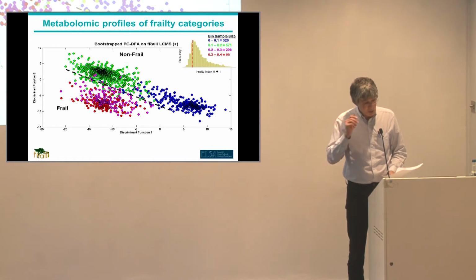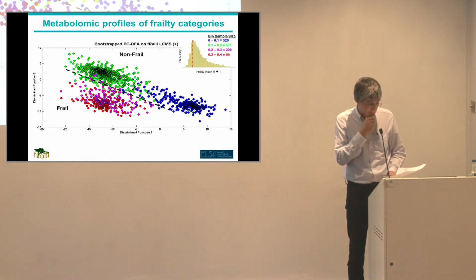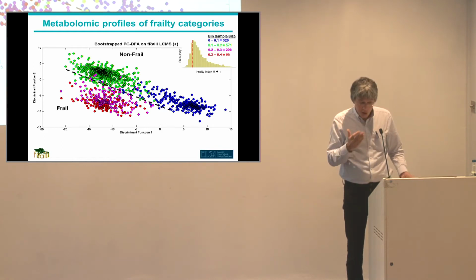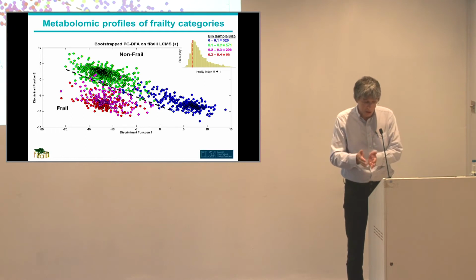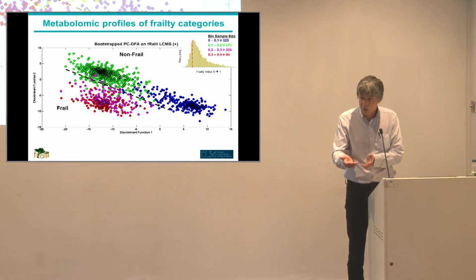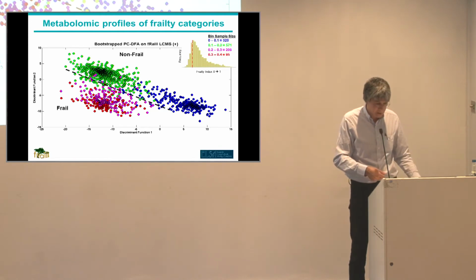The right-hand segment are those with a very low score for frailty, and the upper segment are those with a modest score for frailty, not really frail but have the beginnings of some symptomatology. So this shows, I think, quite clearly that if we do this kind of work, then we can correlate it very well with the outcome of interest. You could think that you might be able to use the outcomes of this work to provide biomarkers for frailty.